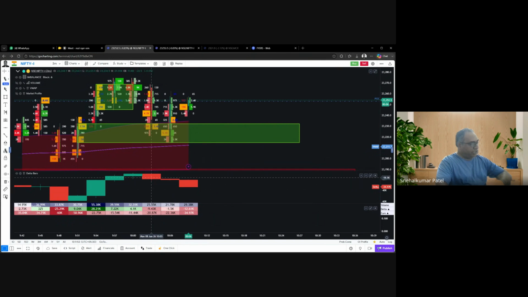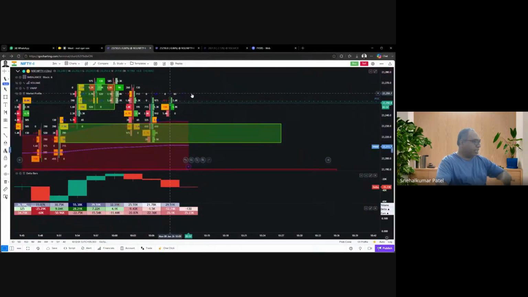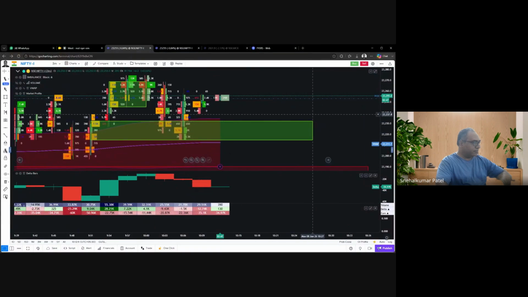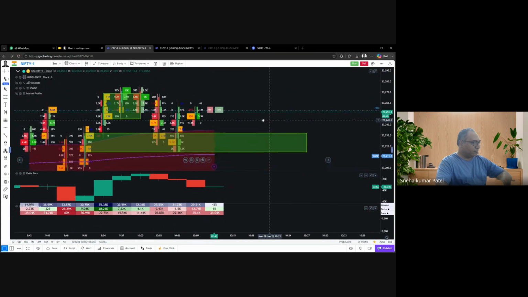If you look at cumulative delta, it's going down while the candle is going up. This is called delta divergence. The price is going up, but if you look at the delta, it's negative. If the price moves on the buy side, it will move very fast.